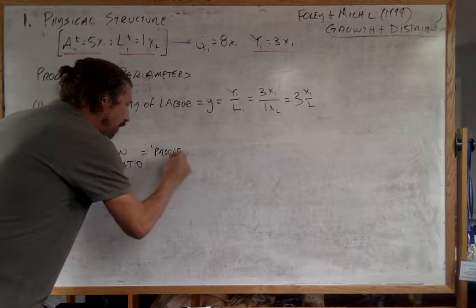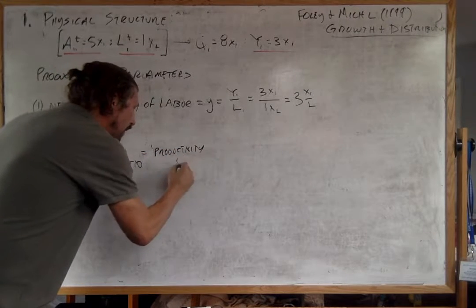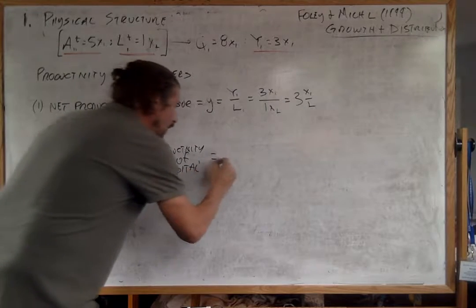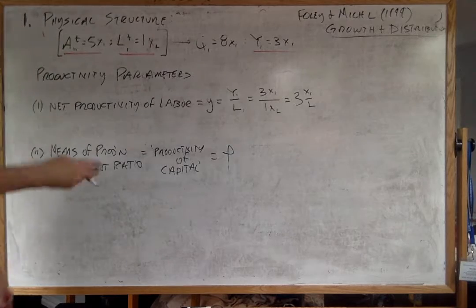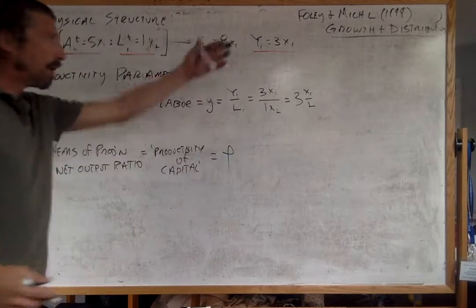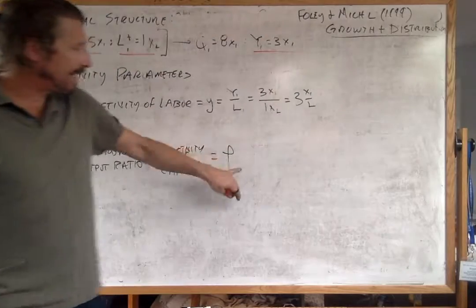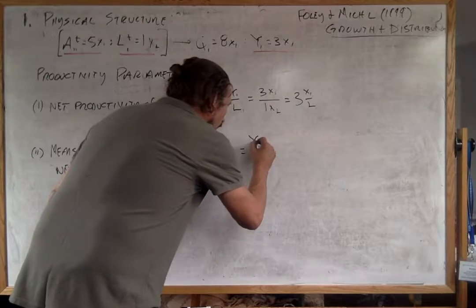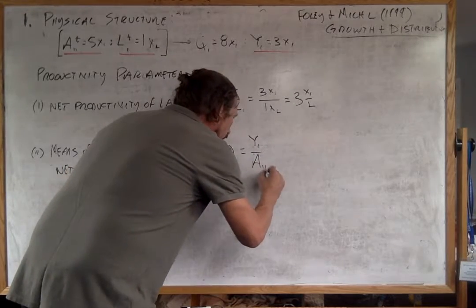I call this rho. In some recent expressions it's often expressed as psi, but I'm going to keep the Foley and Michael designation from 99 and call it rho. This is equal to the net output over the means of production.